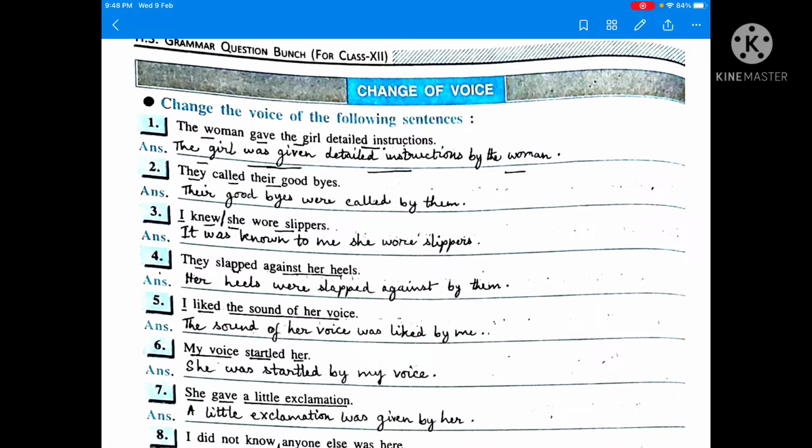And if I ask the verb any question with what or whom and the word is placed after the verb, then that is the object. I have to change the object into the subject and the subject into the agent in the passive voice.